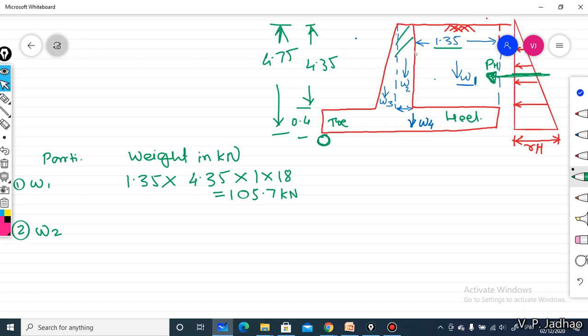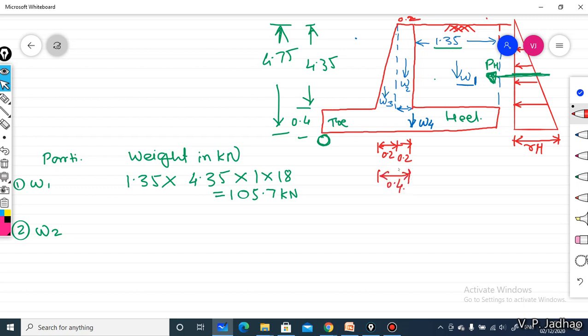Now second, W2, is the weight of this particular rectangular portion of your stem. The weight will be the volume of that rectangular portion multiplied by the unit weight of your concrete. We have this width as 0.2, and this other width again 0.2, so the total width will be 0.4.